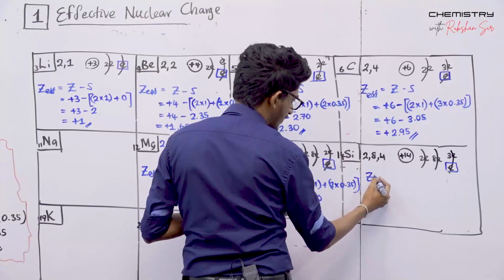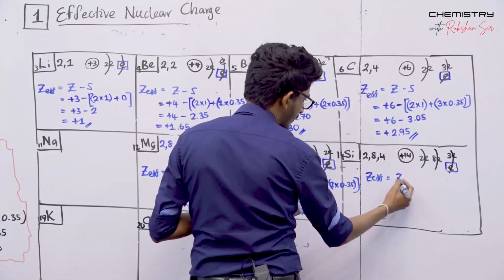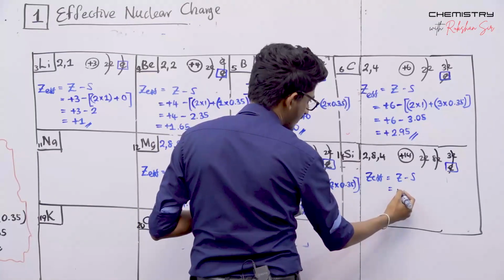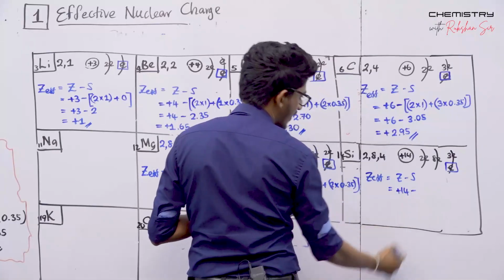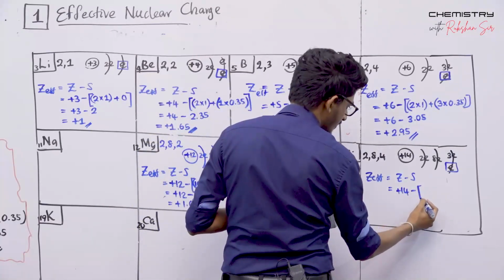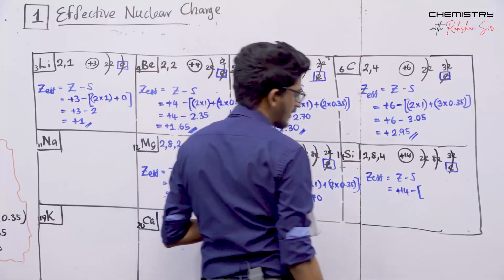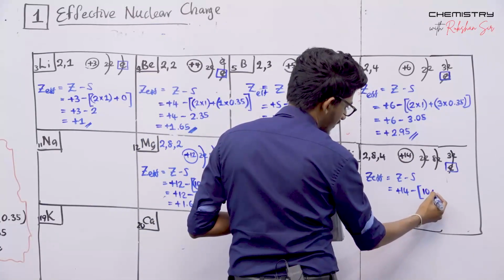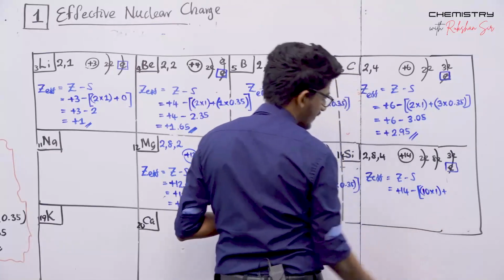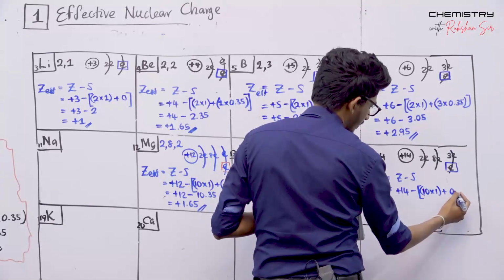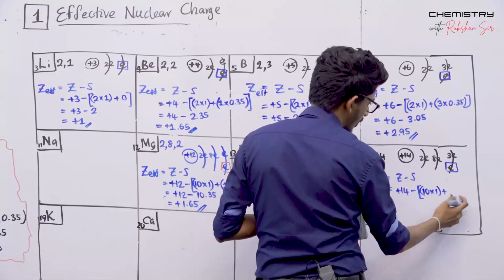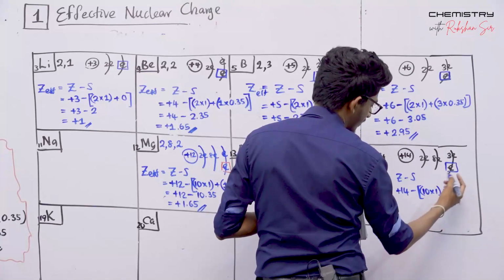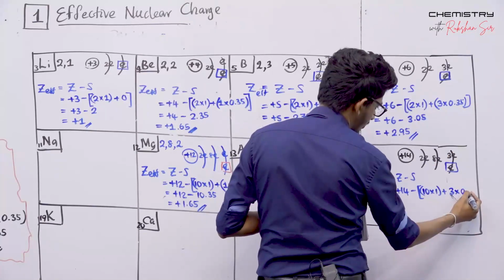So the Z effective is Z minus S. Z is plus 14, the nuclear charge, minus S, the number of electrons at the inner shells, 10 into 1, plus 0.35 into 3. You have 3 outer shell electrons, so 0.35 into that.